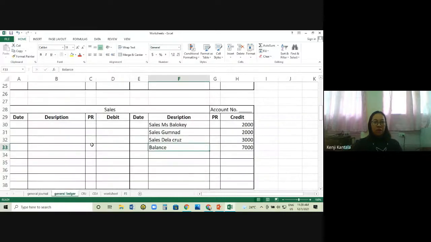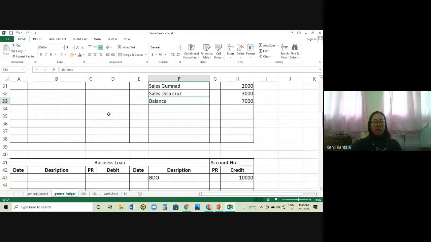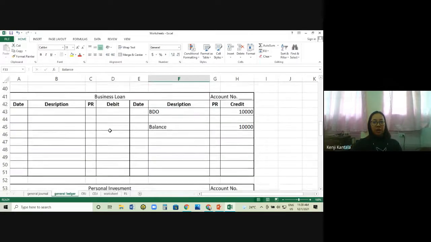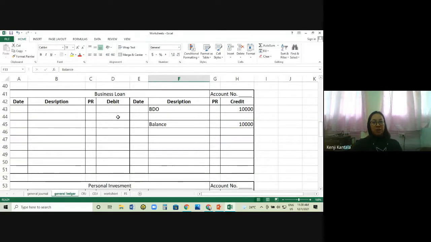Okay. So, same yung gagawin natin sa natitirang part ng general ledger. So, we have business loan that is at credit side for 10,000. Ang business loan natin, saan natin ilalagay? Under balance sheet or under income statement?